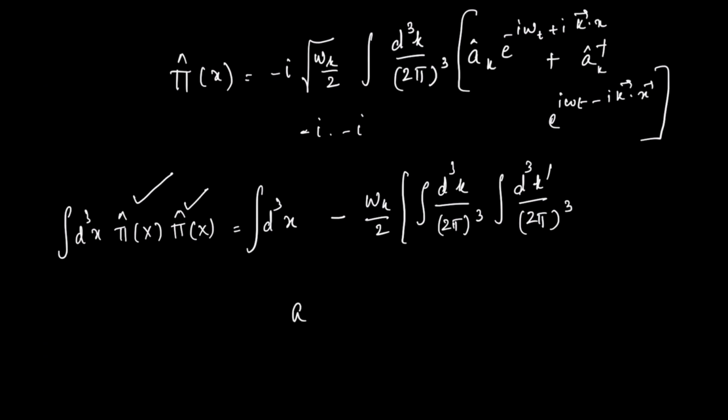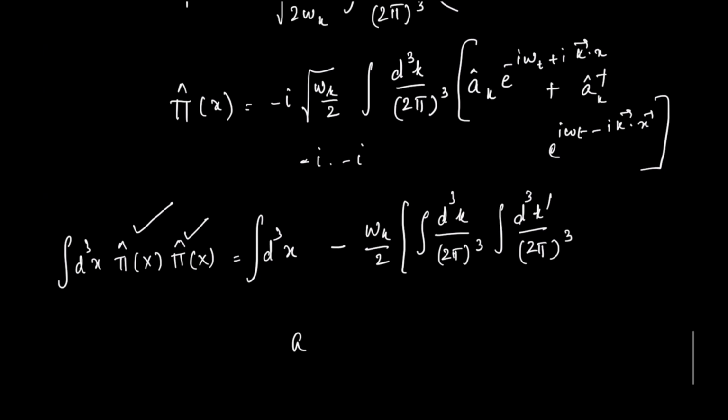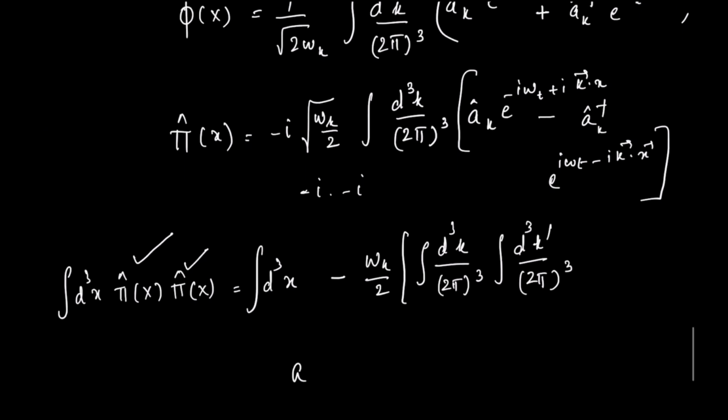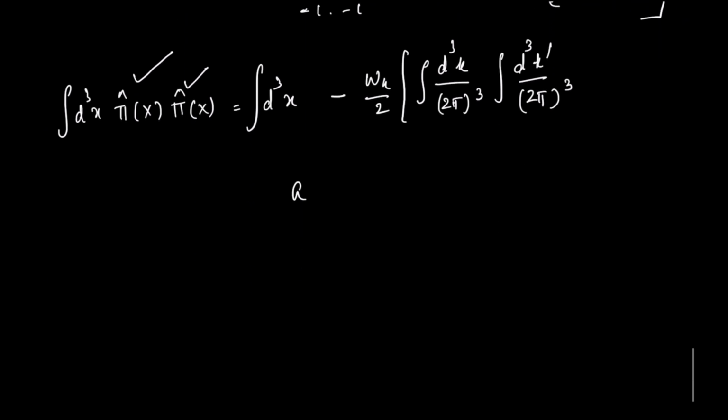Then the first bracket will be, so there is a mistake here, this was minus. Okay, so the first bracket will be ak e raised to minus I omega t plus I k dot x minus ak dagger e raised to I omega t minus I k dot x.